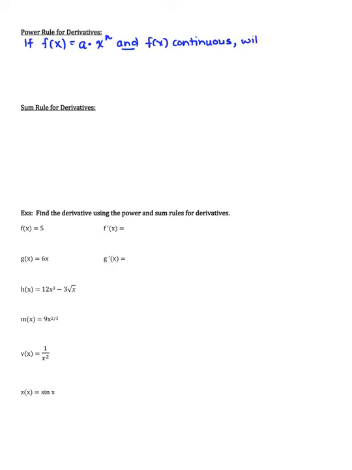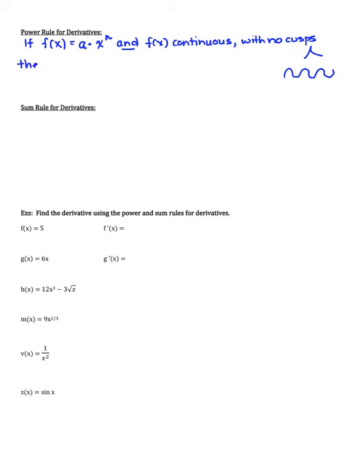So it can have no what we call cusps. A cusp looks like this. It can't have any sharp points like that. It has to be a nice smooth curve. Any polynomial is a nice smooth curve, although I just drew sine or cosine, which are also smooth curves.